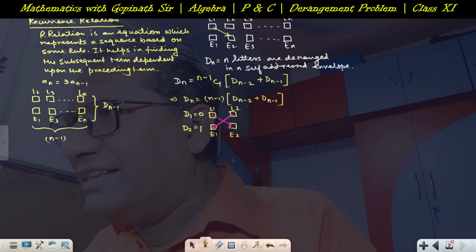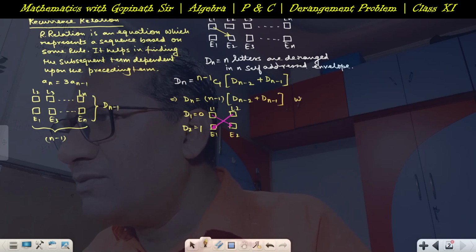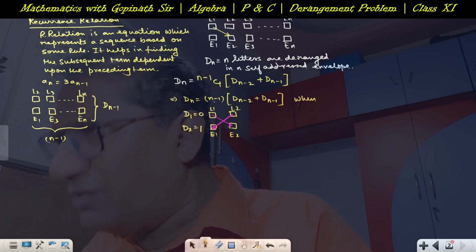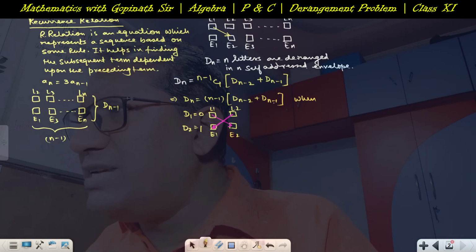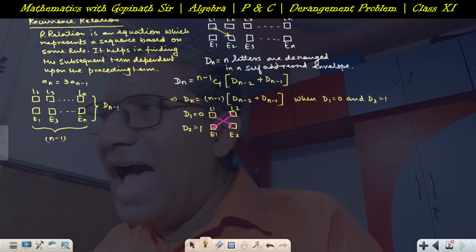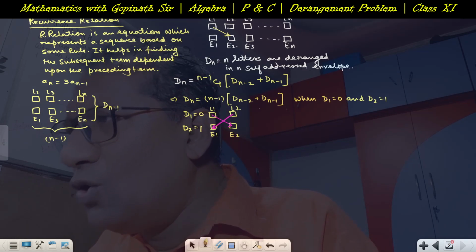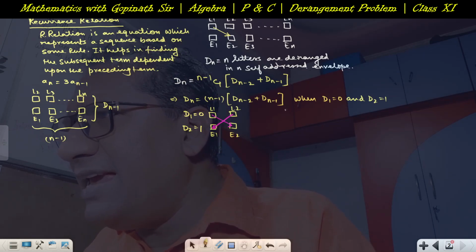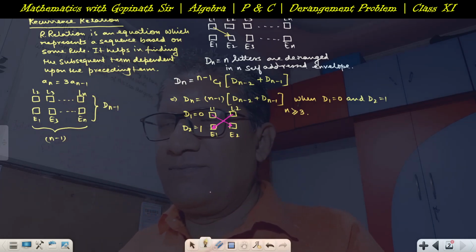Thus, this relation Dn equals (n minus 1) into (D(n minus 1) plus D(n minus 2)), when D1 is 0 and D2 is 1. And this relation will hold true when n is greater than or equal to 3. Is it clear?